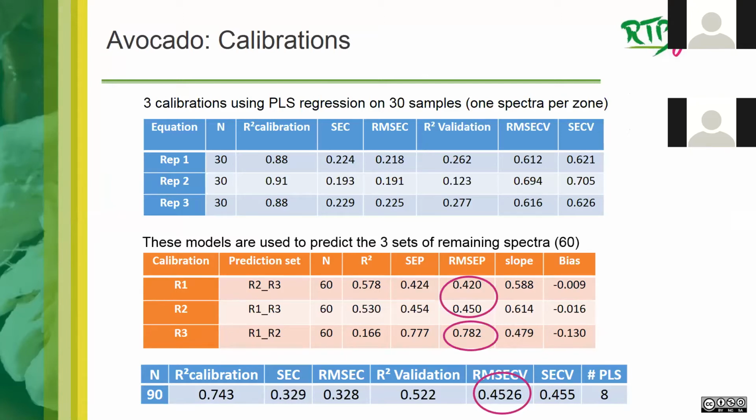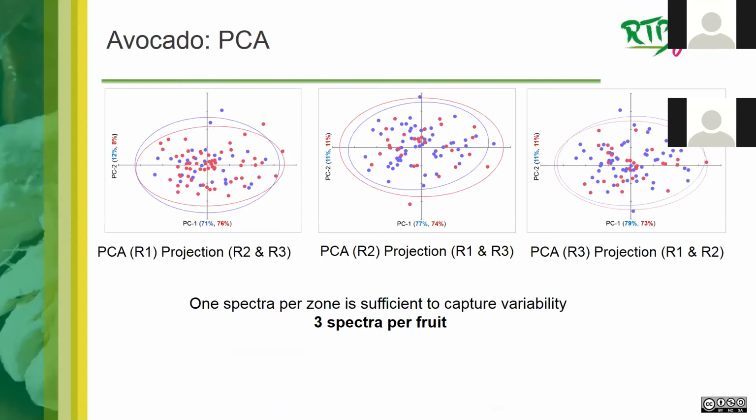In fact, the poor prediction here is because these samples are outliers, even when we use the 90 samples; samples coming from replicate 3 are the outliers from the lab value. So it means we do have some problem on these samples, not for the spectra, but for the lab value. So PCA was a good complementary analysis to be sure that we can use only 1 spectrum per zone, 3 spectra per fruit.